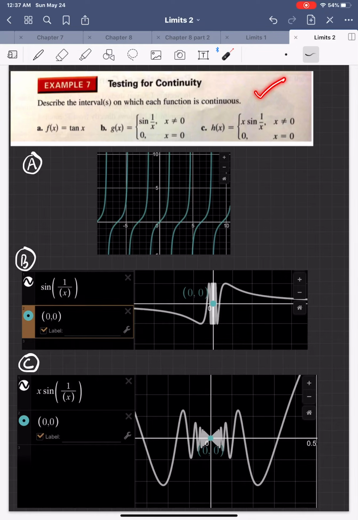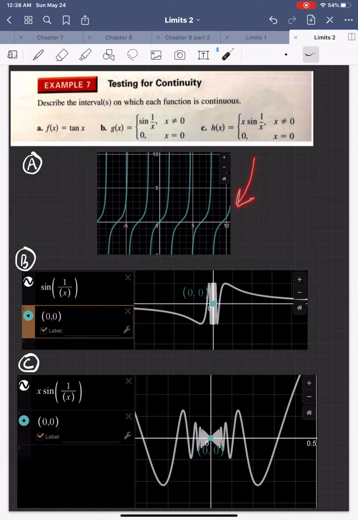I'm going to bring it back when I need it in chapter 3, and that's where we'll formalize it. But for right now, notice that the questions are very similar. Describe the interval on which each function is continuous. So let's start with tan of x. I'm providing the graph of tangent of x for you.